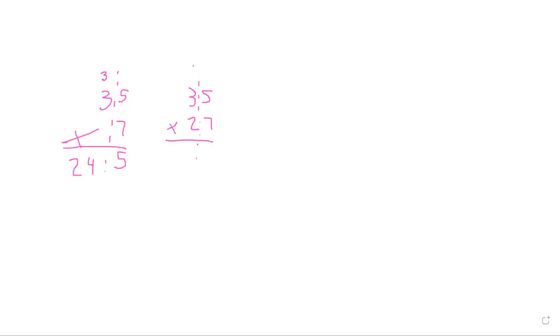Again, 7 times 5 is 35. I put a 5 in the ones place, and I'm going to regroup 3 tens over here. 7 times 3 is 21, plus 3 is 24. Now this 2 here is not a 2.